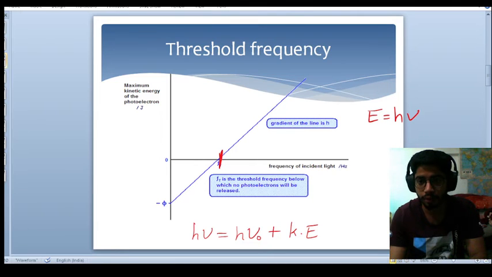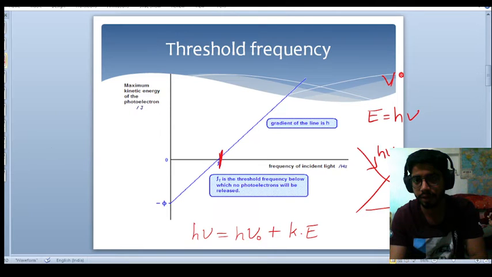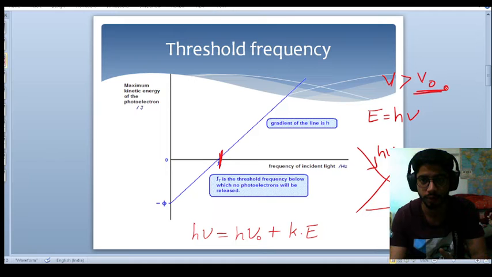So if we incident light of energy h nu on a metallic plate, and suppose it is greater than the threshold frequency, which I am showing by nu naught, then an electron from the metallic surface will eject out.